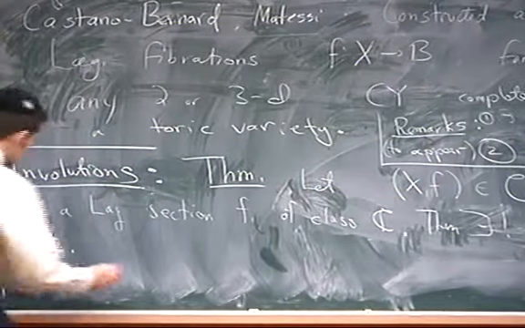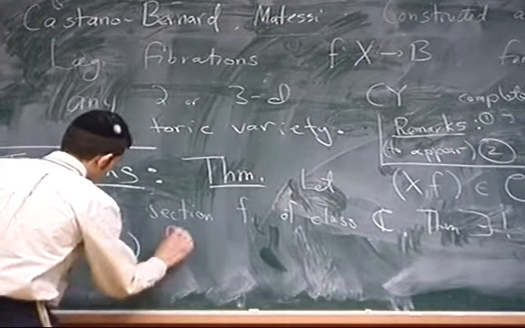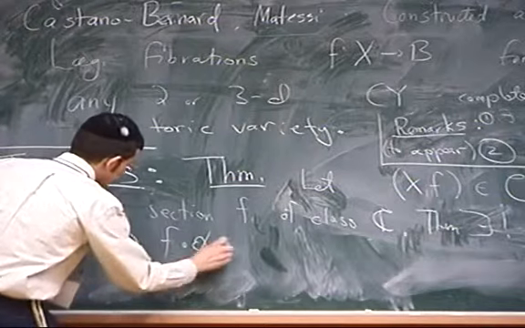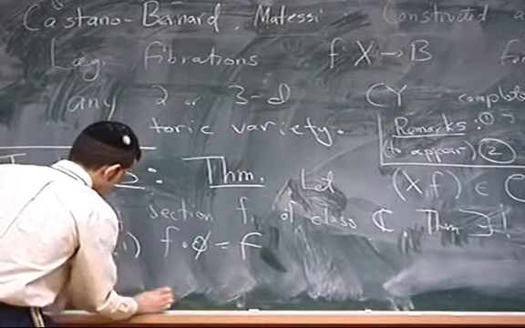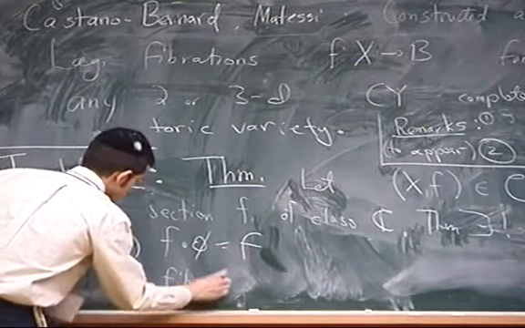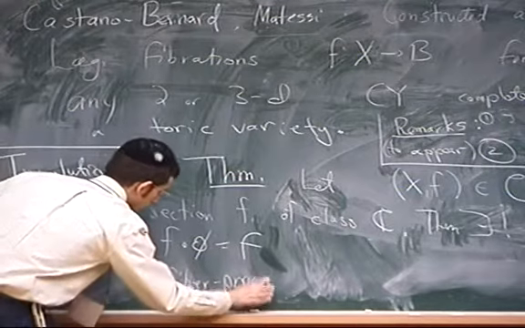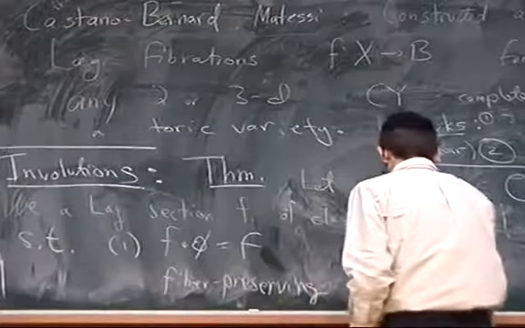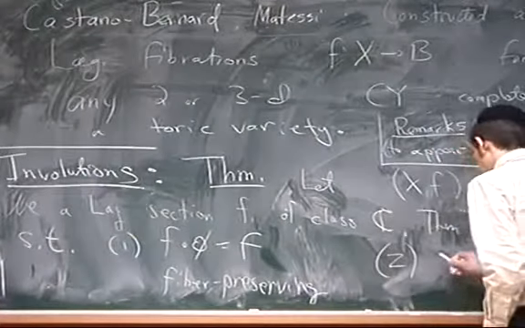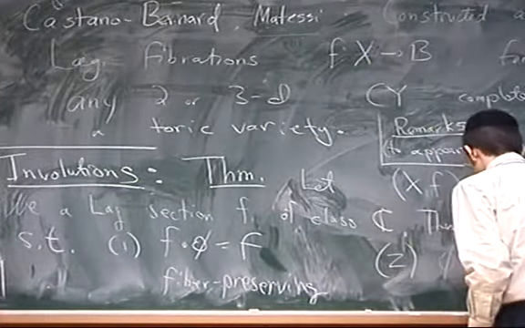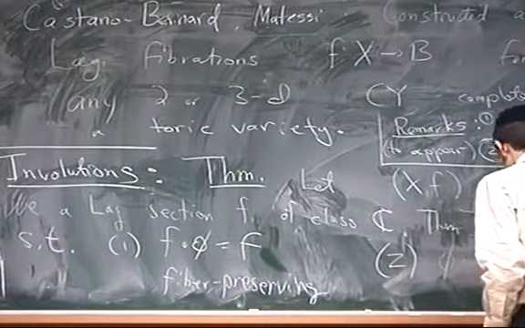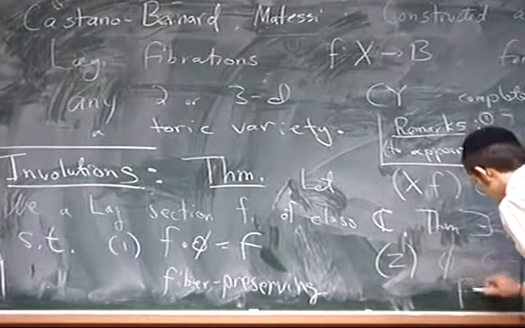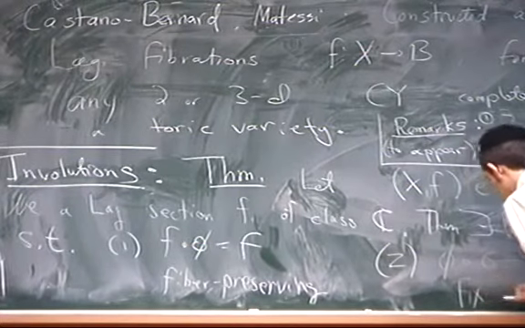The first condition is F composed with phi is equal to F. This means fiber preserving. And two, phi composed with sigma is equal to sigma. In other words, it fixes the section.